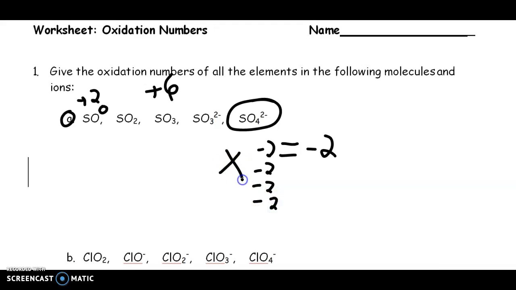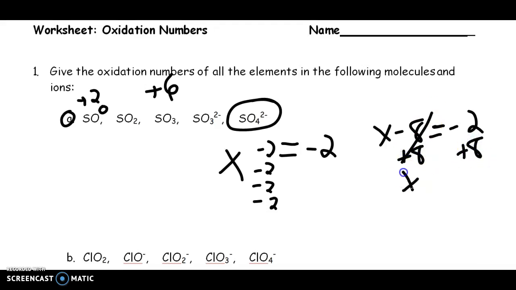You again don't know what sulfur is, so that's your x. So your statement is x minus 8 equals -2. Again, you're just going to solve for x, and you're going to do the opposite sign here to get this on the other side. So x equals +6.